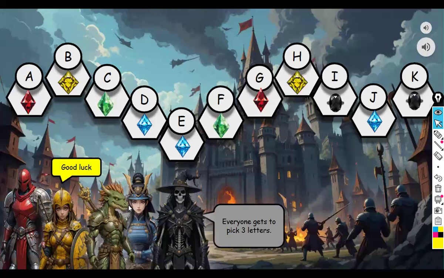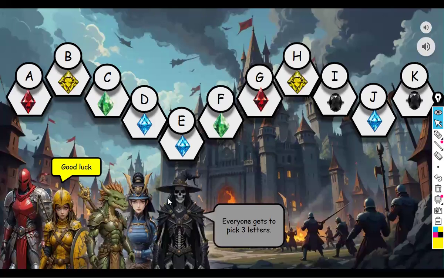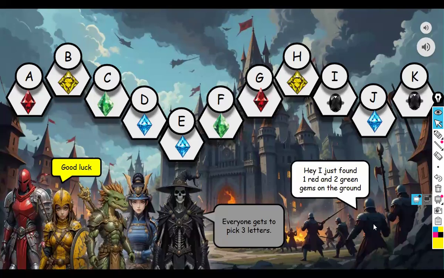So those are the gems there. I hope you got plenty of your color. And if you didn't get any, don't worry. If you look at the soldiers to the right, they said they found one red and two green gems on the ground. So I hope that helps you all further.